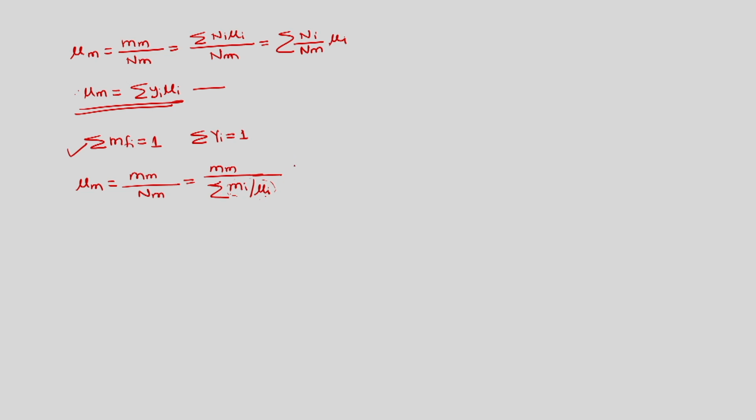Sigma Ni is Nm. So then we can have 1 upon mu i into mi upon mm, and we can write it as 1 upon sigma mfi upon mu i. This is the formula for the molecular weight of the mixture. Now we know that if we know all the masses, then we can find the mass fraction.